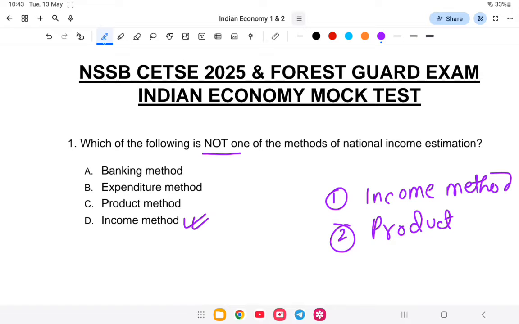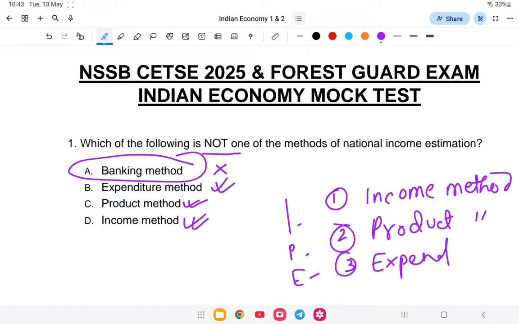And number 3 is the expenditure method. IPE: income, product or expenditure. So the banking method is not included in the list. So the answer is what? Banking method. Let us study in detail.